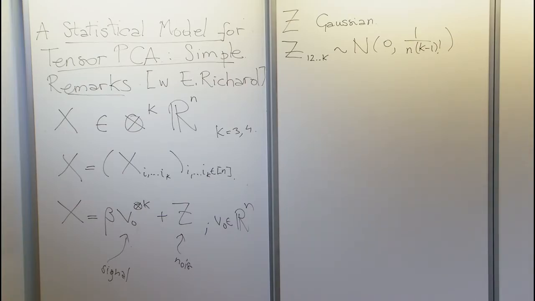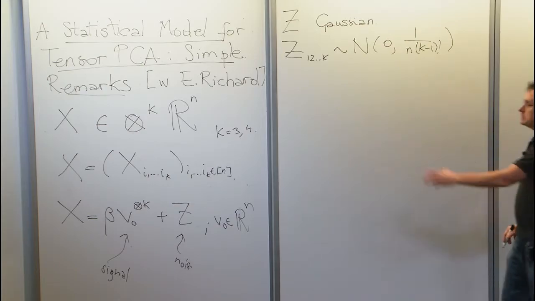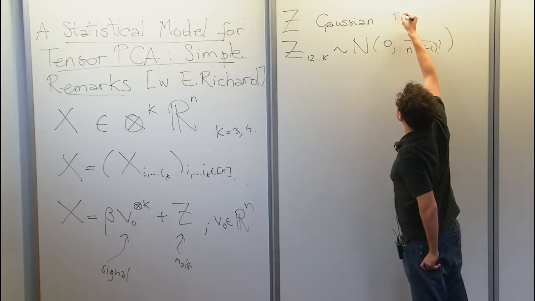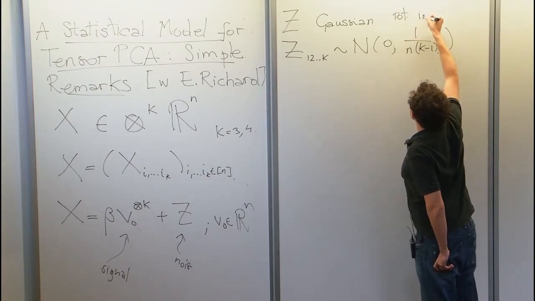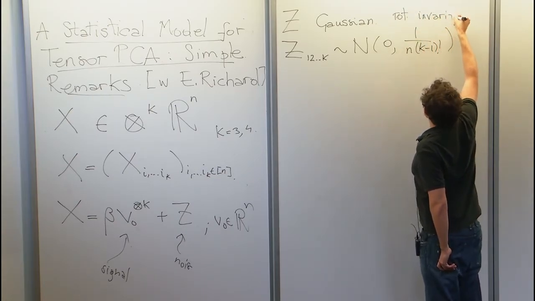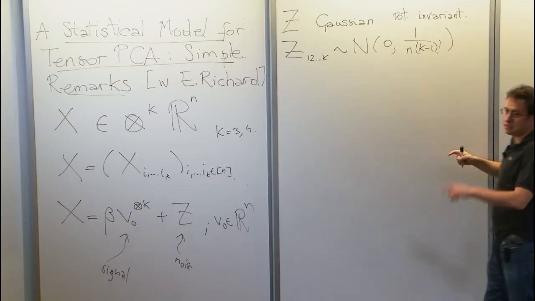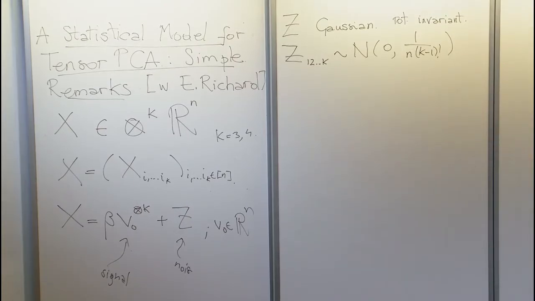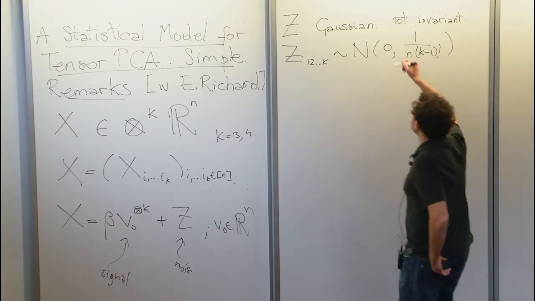Okay, and z is rotation invariant, meaning if you rotate the coordinates, it remains unchanged in distribution. So there are n to the k independent random variables. There are not n to the k. Good point. So it's Gaussian symmetric.